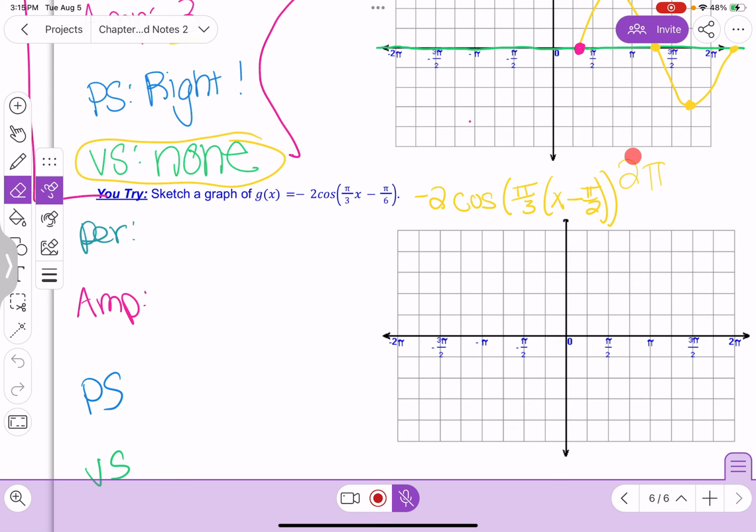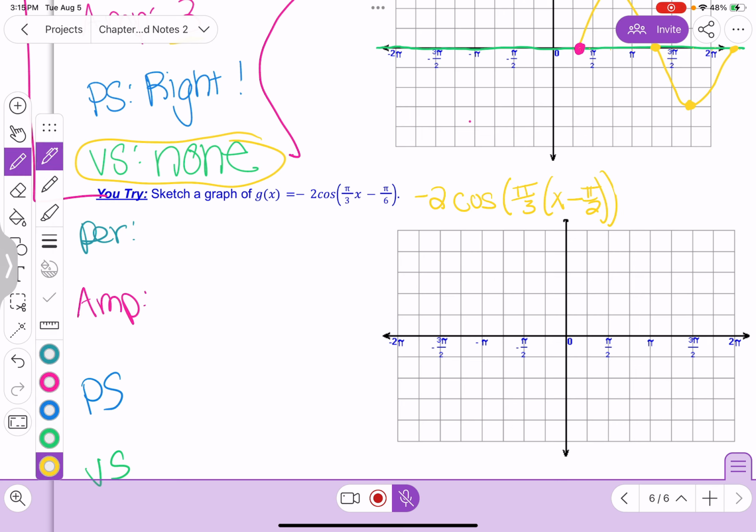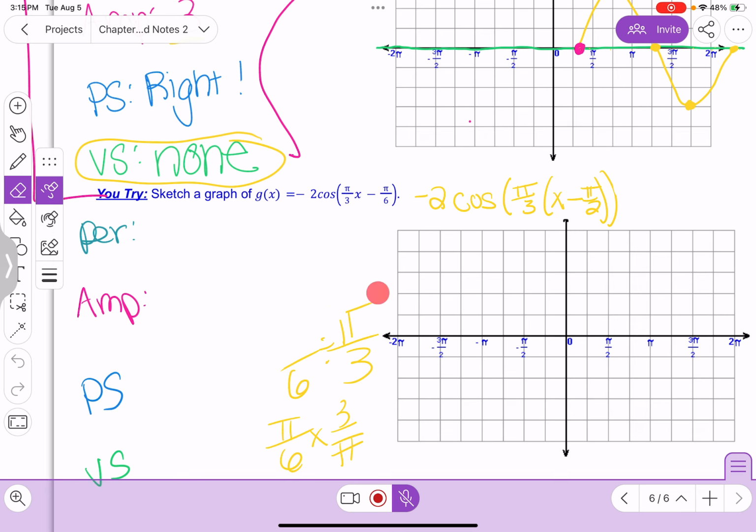I don't know why that's writing two pi's here. Okay, right, pi over 6 divided by pi over 3 is pi over 6 times 3 over pi. 1/2, yeah, okay. Had a moment.